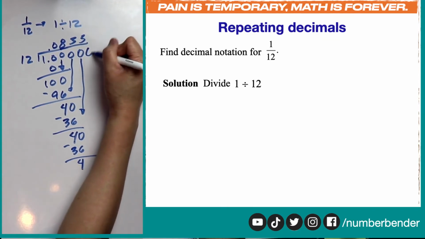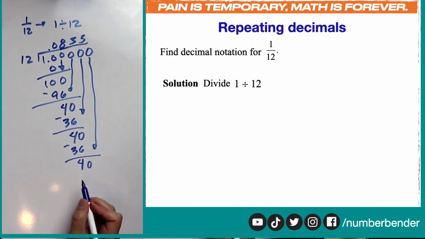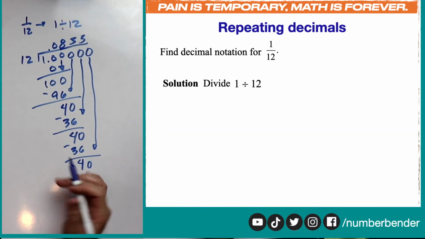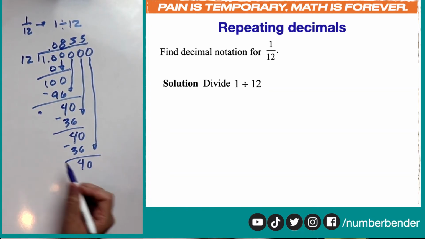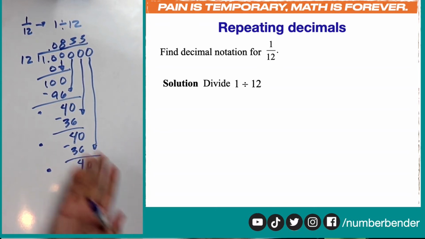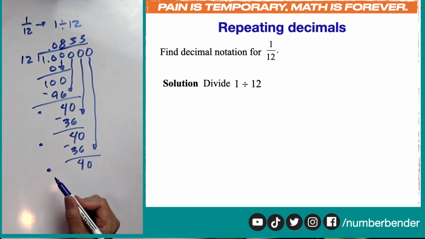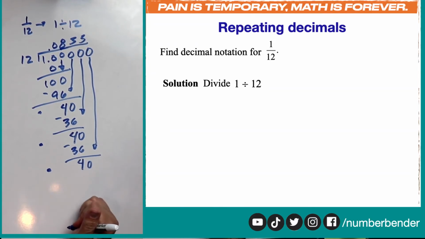And now we're going to bring down 0 here again, and it will just be repeating. It will be a never-ending process of having 40 as our difference, and then looking for a number to divide it with 12. So that means this particular fraction is non-terminating.